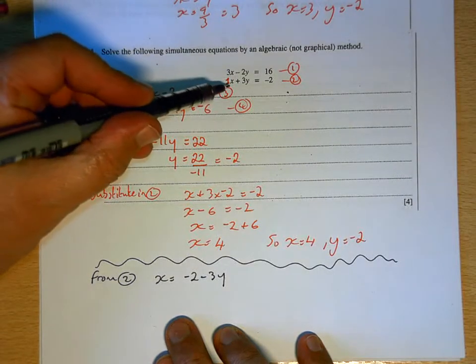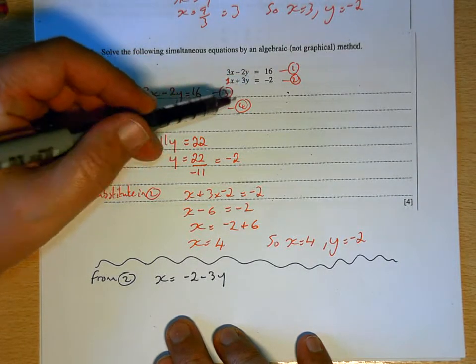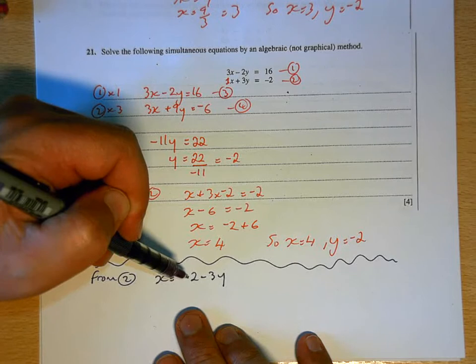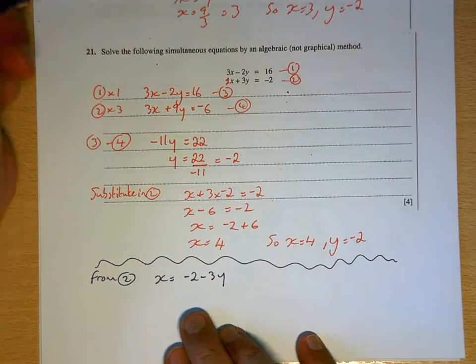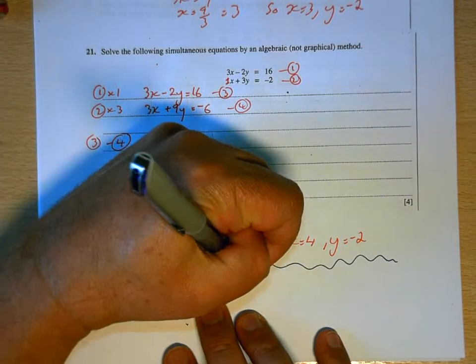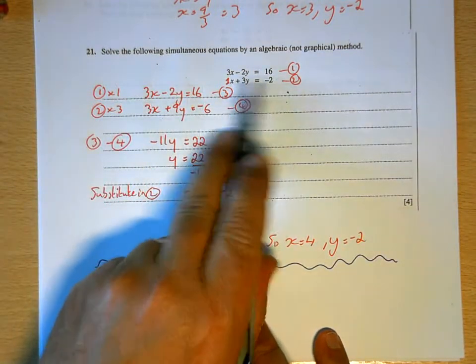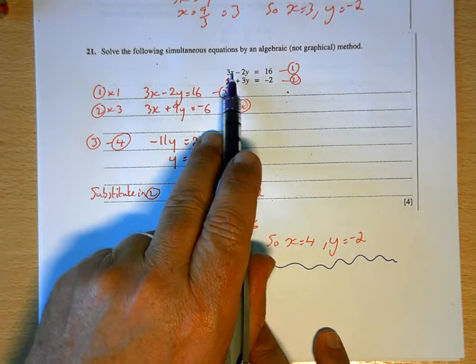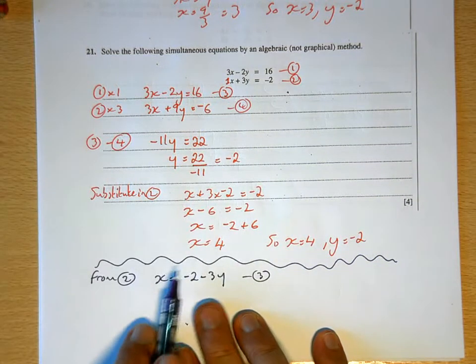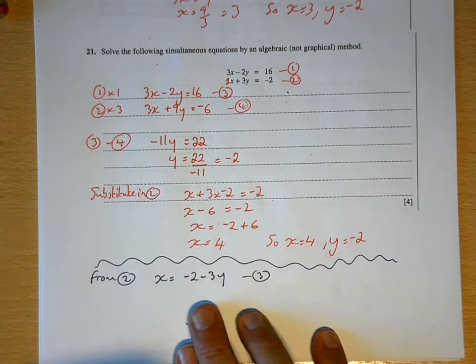So I've rewritten x plus 3y equals negative 2 as x equals negative 2 take away 3y. That's my equation 3. And I can substitute now in the first equation, rather than writing x, I can replace it with that.